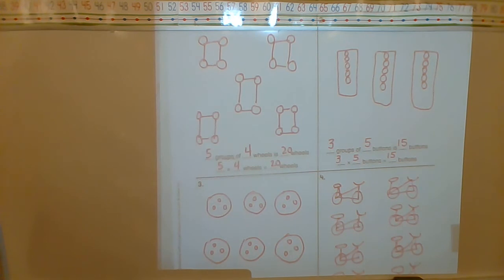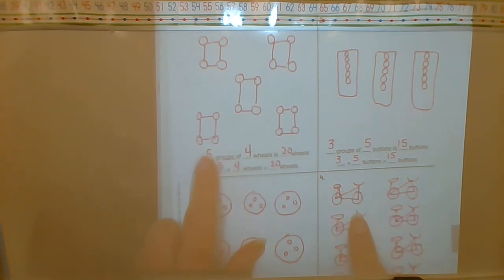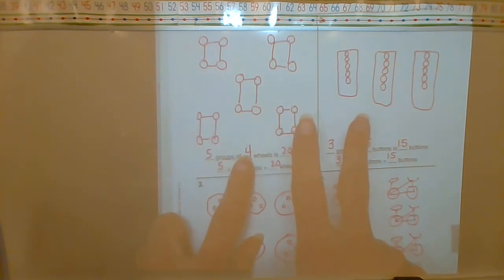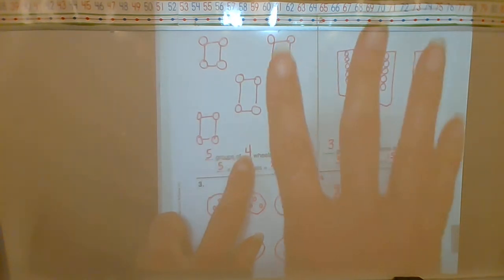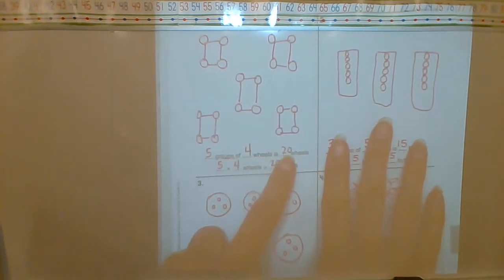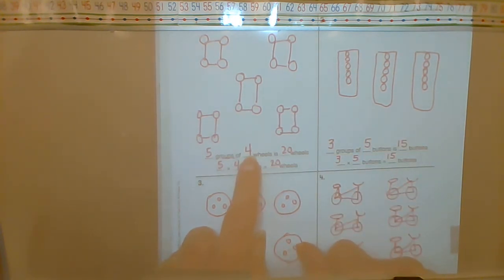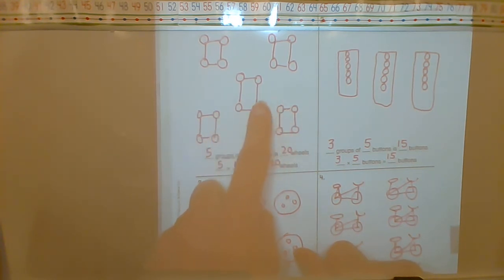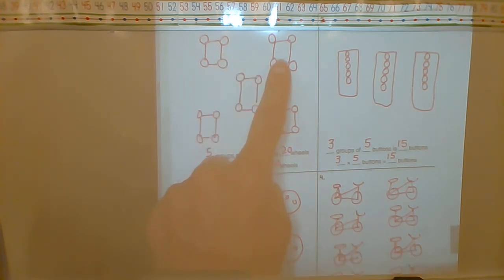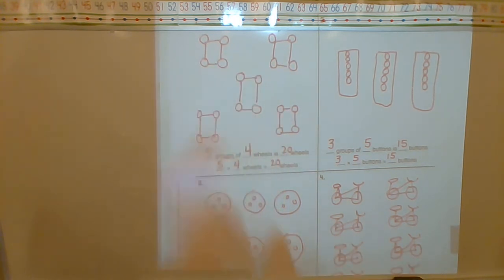Now, if you are an excellent counter with 5s, then you could say 5, 10, 15, 20. That got us to our answer. Or if you wanted to practice your 4s, you'd need to count 5 4s, like this. 4, 8, 12, 16, 20. Remember our birthday song? So both of those would get us to our answer.